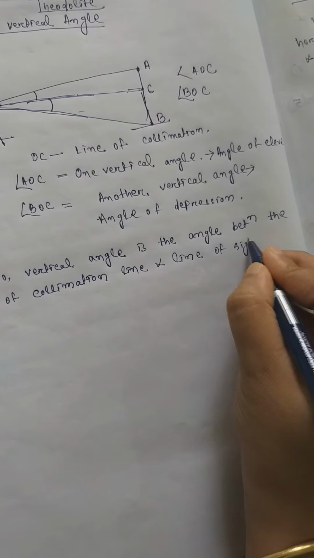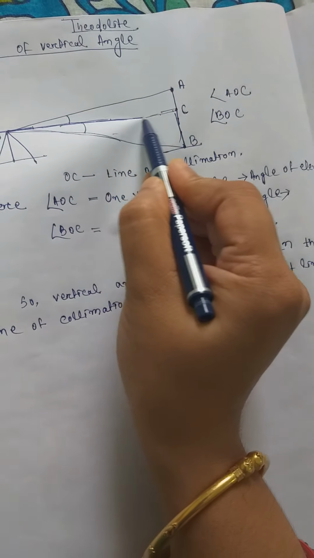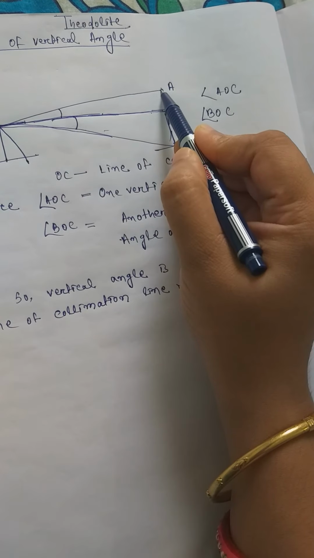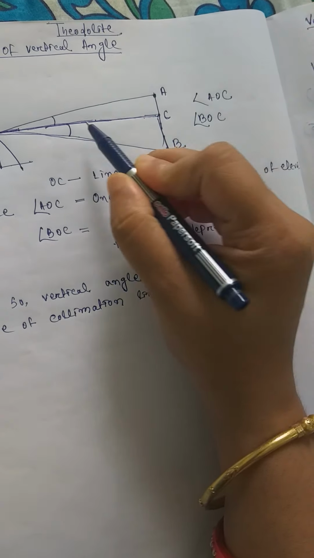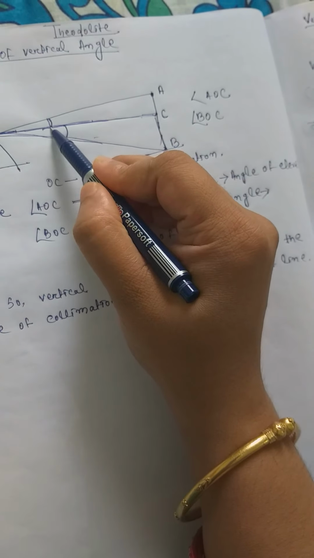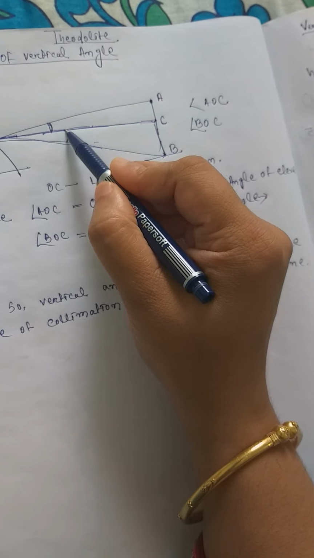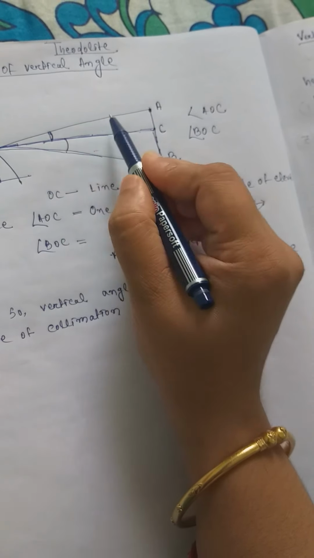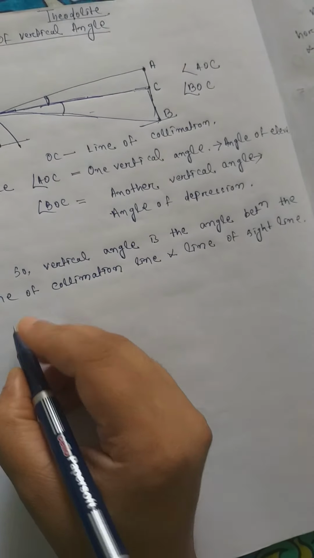Here the line of collimation is the horizontal line, and when we see a point A and when we see a point B, it depends on whether the angle lies above the line of collimation or below the line of collimation. Then it is known as the angle of elevation or the angle of depression.